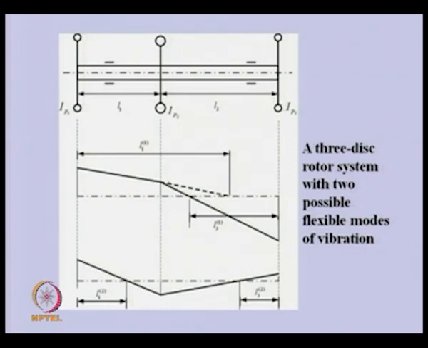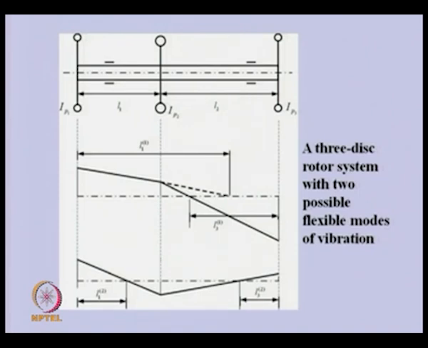This has been shown here. You can see this is the 0 axis, and we have positive displacement of these 2 disks, but the third disk has negative displacement. So, this is one of the possible natural modes this disk rotor system can have.